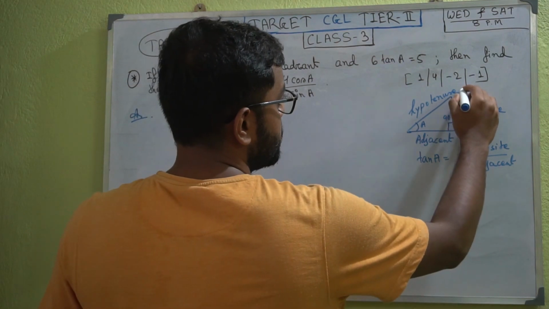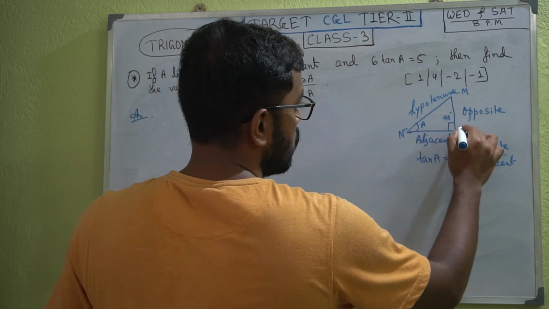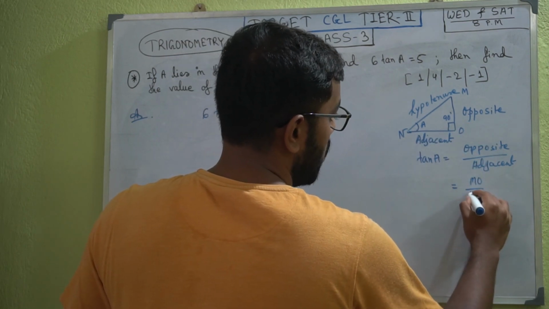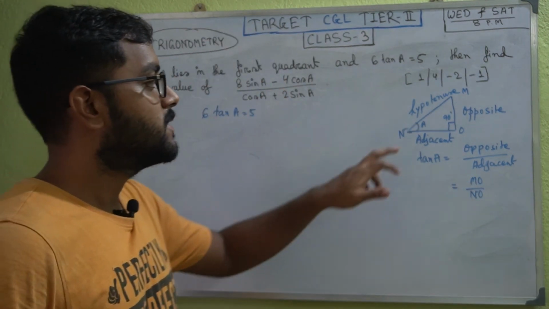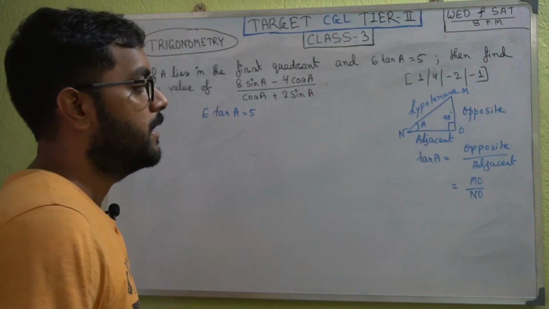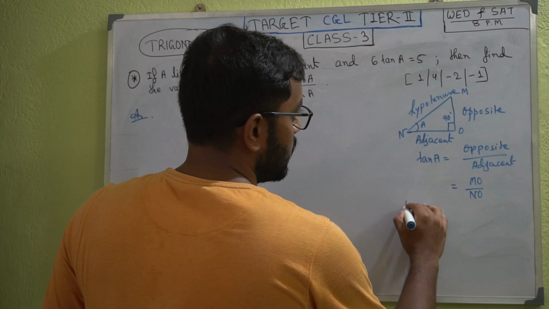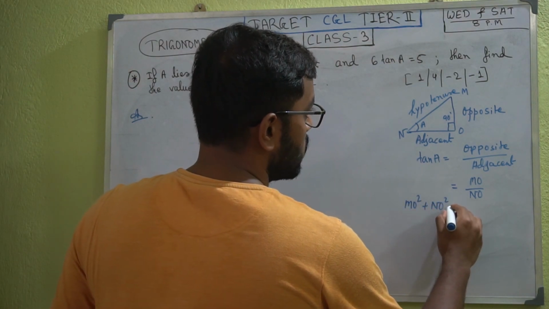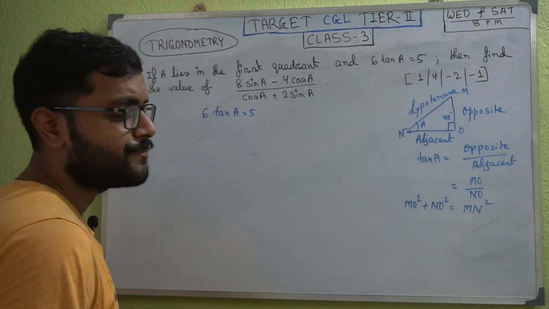If we named this figure as MNO, then tan A equal to MO by NO. Though it is a right angle triangle, then we can say by Pythagoras formula that MO square plus NO square equal to MN square, right?